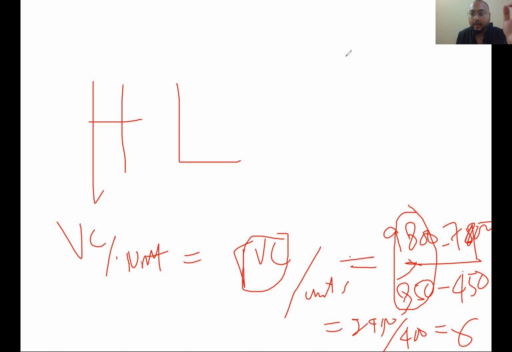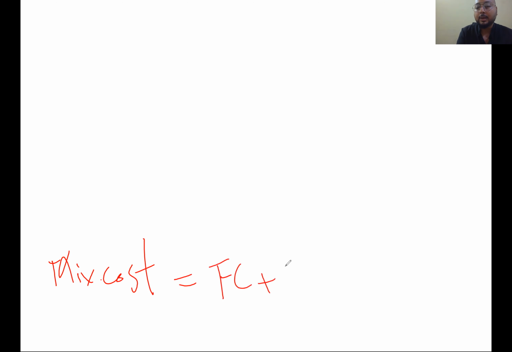So the mixed cost is equal to fixed cost plus variable cost per unit multiplied by the quantity.